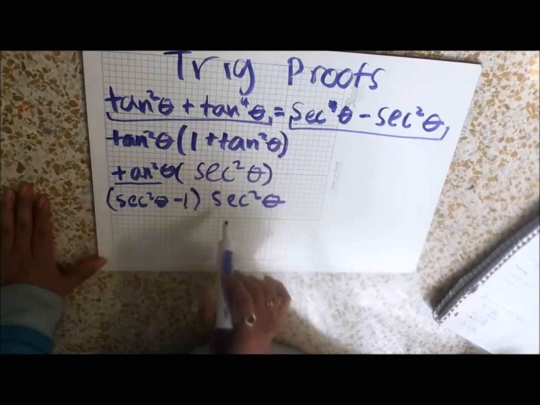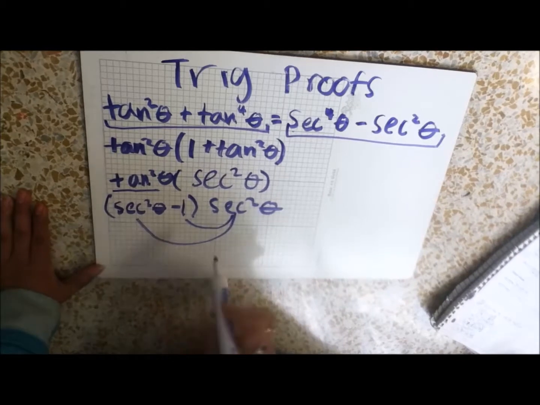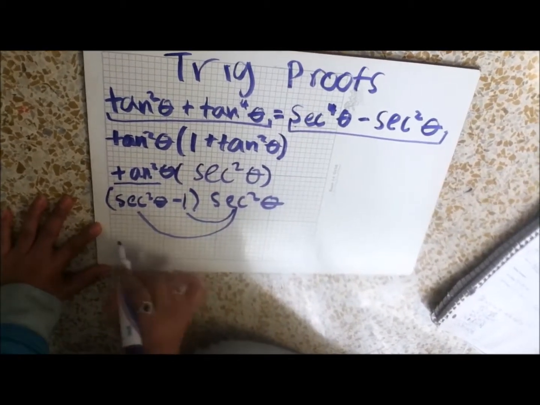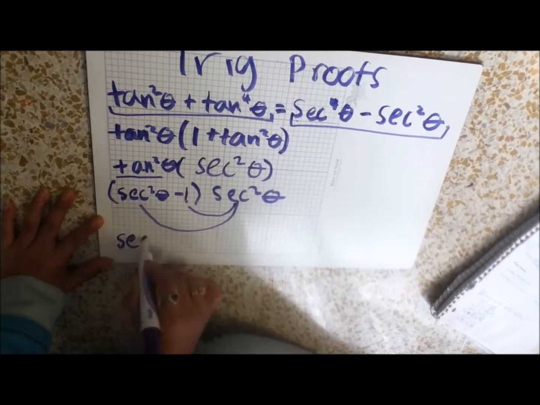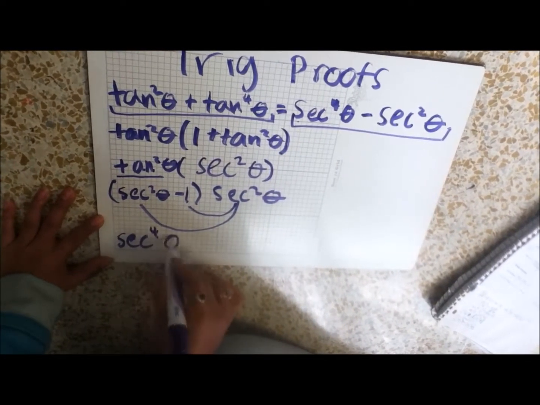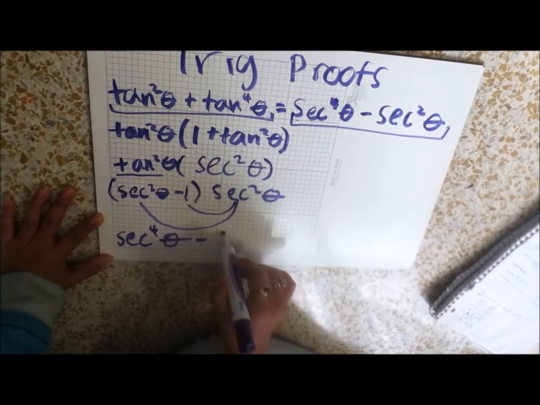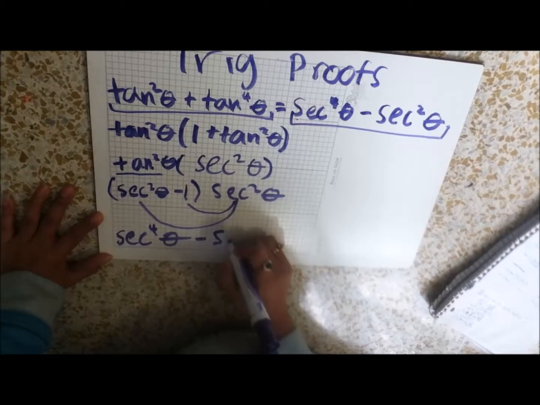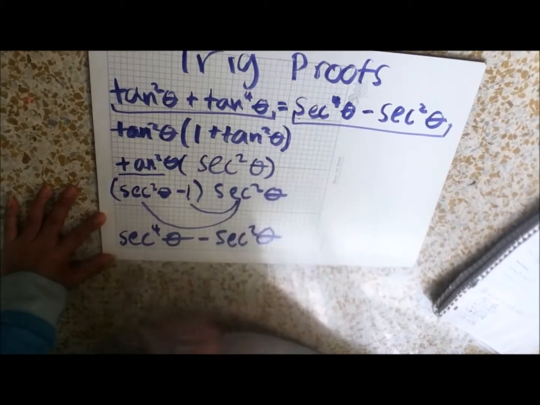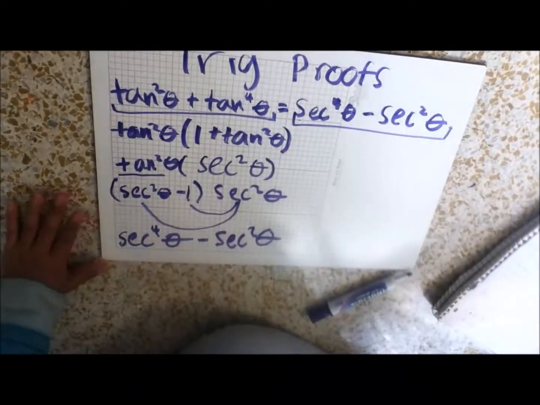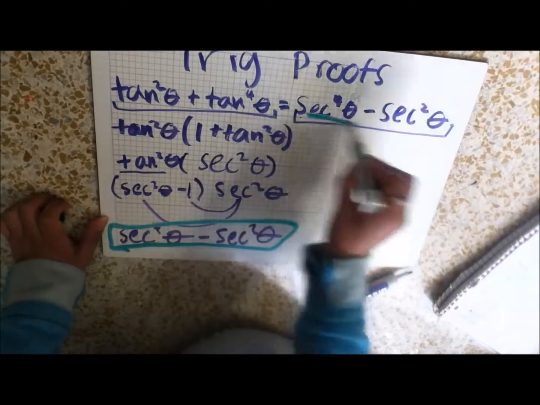So now we have to distribute this secant squared theta to both terms, and we multiply secant squared theta times secant squared theta, and you get secant to the fourth power theta, times negative 1, which means minus secant squared theta. And as you can see, we have proven that this is equal to this.